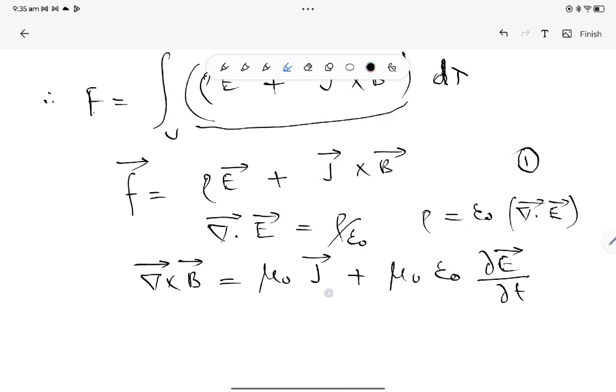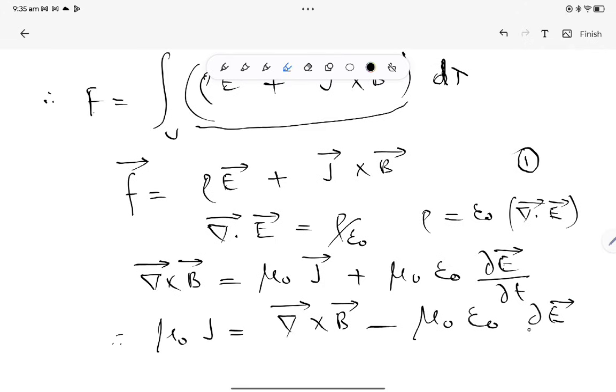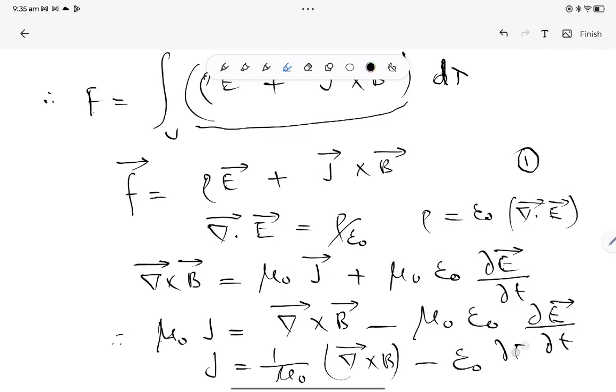From this, you can get the value of J. You have mu naught J equal to del cross B minus mu naught epsilon naught del E by del t. Now we want only J, so you transpose this mu naught to the other side. You have J equal to 1 by mu naught del cross B, and this mu naught will cancel with this mu naught, leaving you with epsilon naught del E by del t.